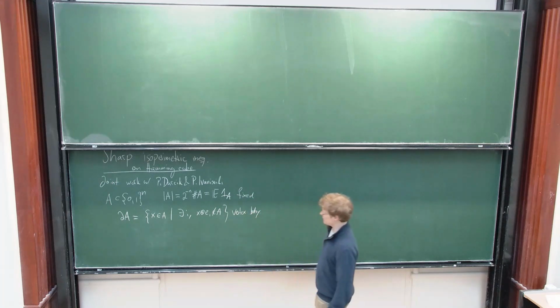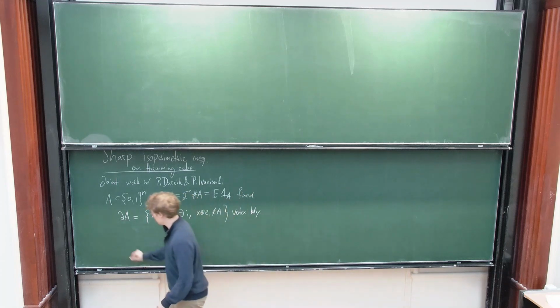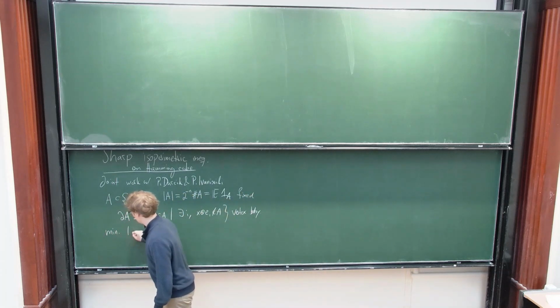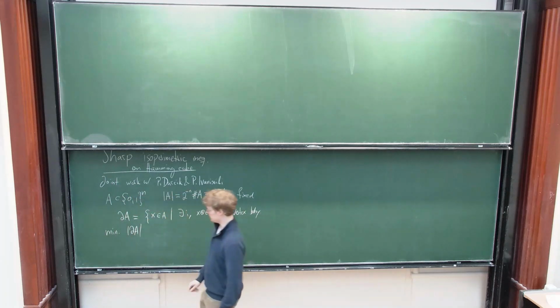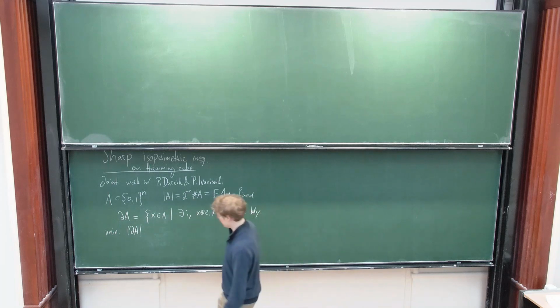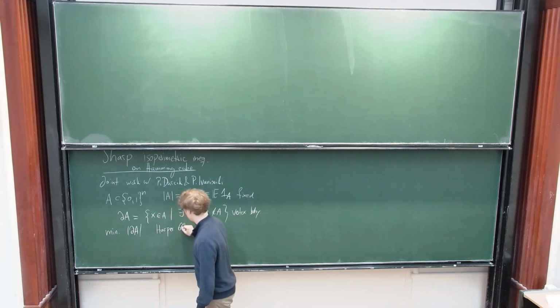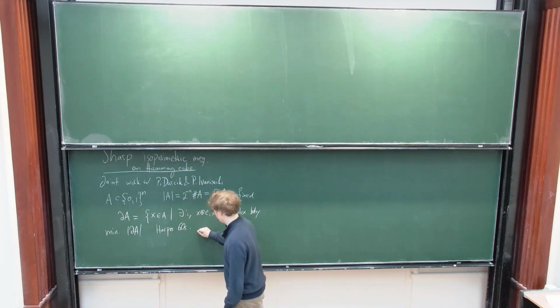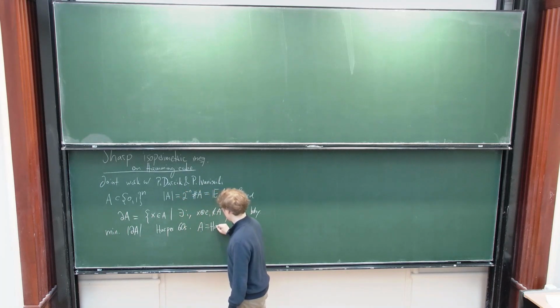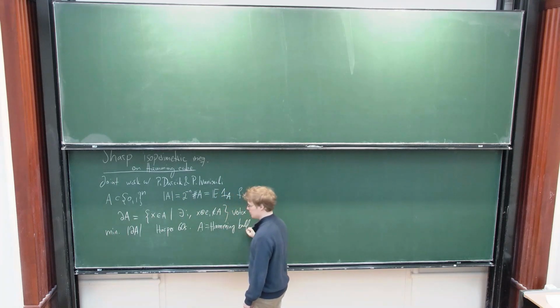So it's a nice question to ask, very natural. Fix the volume, what's the smallest possible volume of the vertex boundary? And this was, of course, done a long time ago. Harper, in the 60s, said you should take A to be a Hamming ball, and you're going to get the minimum possible value.